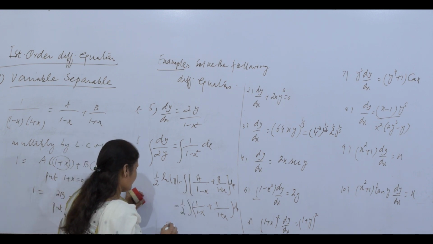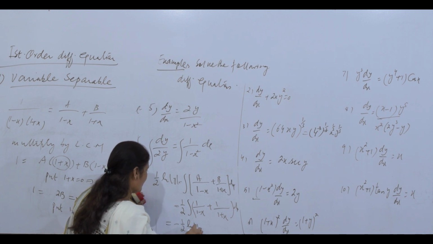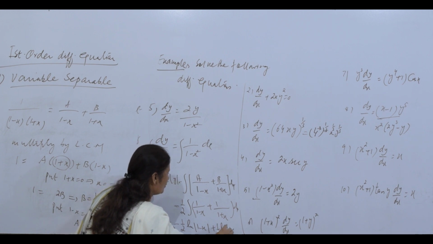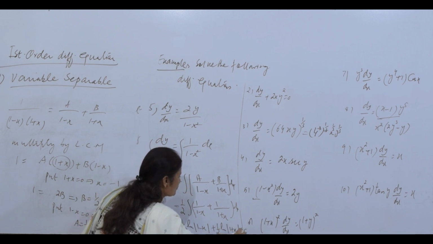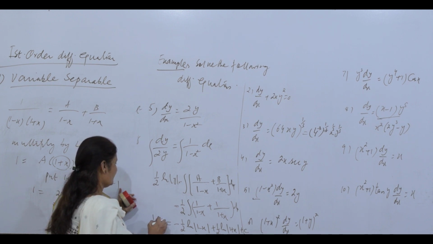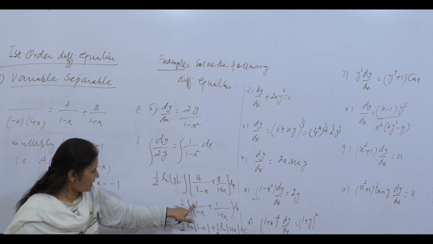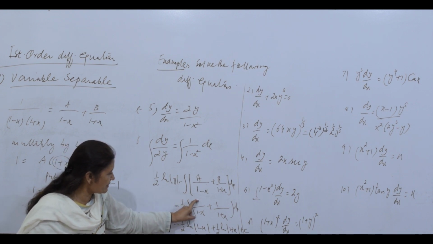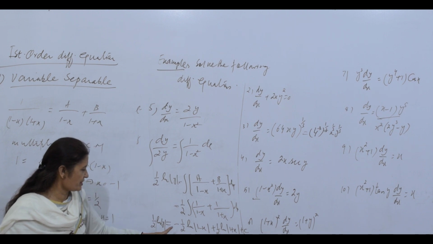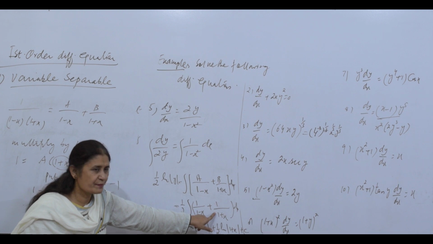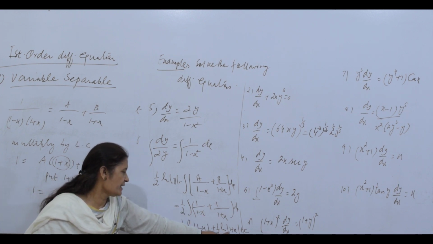So it becomes minus 1 by 2 natural log of 1 minus x plus 1 by 2 natural log of 1 plus x plus a constant of integration, and this is half ln y on the left. Both terms have half with them.